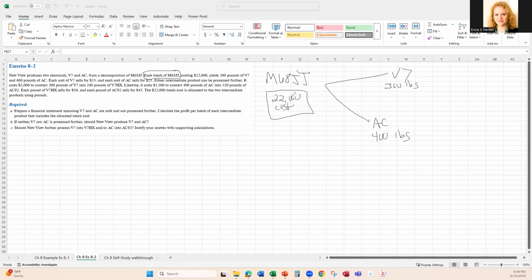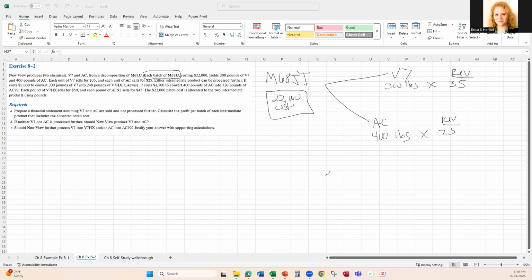The cost to produce this is the $22,000. These can sell for $35, and these can sell for $25. I'm just going to note it there. We've got our revenues.